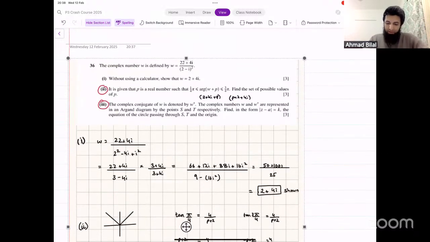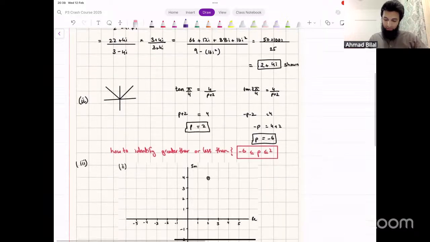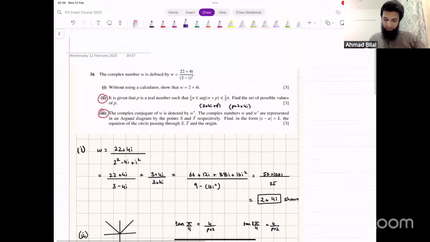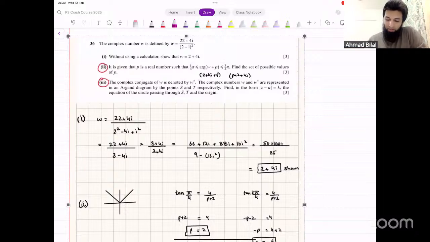All right, so the complex number W is defined like this. In the first part, you showed this, and now the second part says it's given that P is a real number such that the argument of W plus P is between pi over 4 and 3 pi over 4.